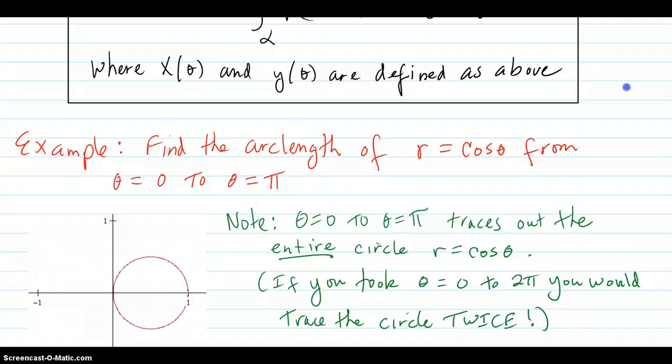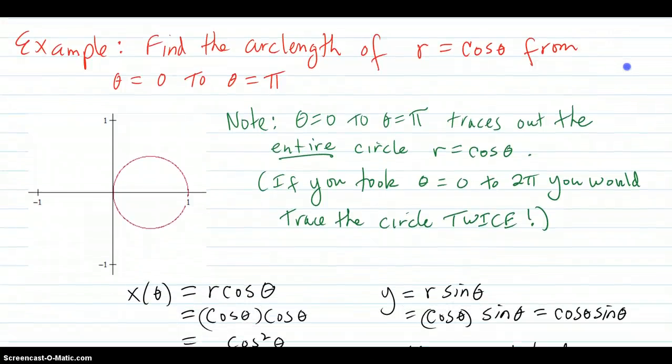Okay, so here's an example. Find the arc length of r equals cosine theta from theta equals 0 to pi. So now, why is it only pi? Well, I graphed this in a window, and I just did 0 to pi, didn't go all the way around to 2 pi. It rendered the entire circle.